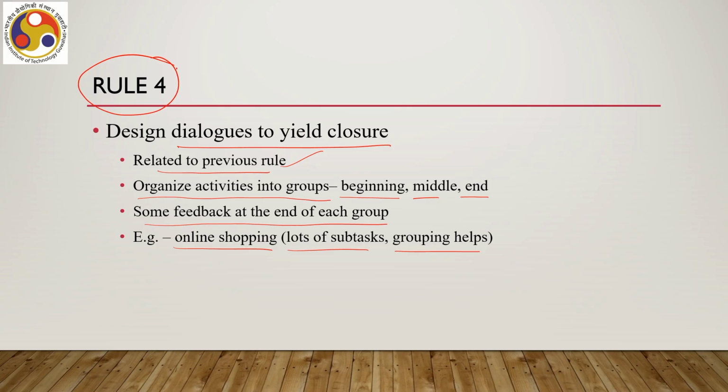So, if you organize the subtasks into beginning, middle and end part, then it will be useful for the user to use the system and understand the working, how to proceed to achieve the objective. So, it is always beneficial to have a system that is properly designed to let the user achieve a task with clear cut beginning part, middle part and end part of the process.